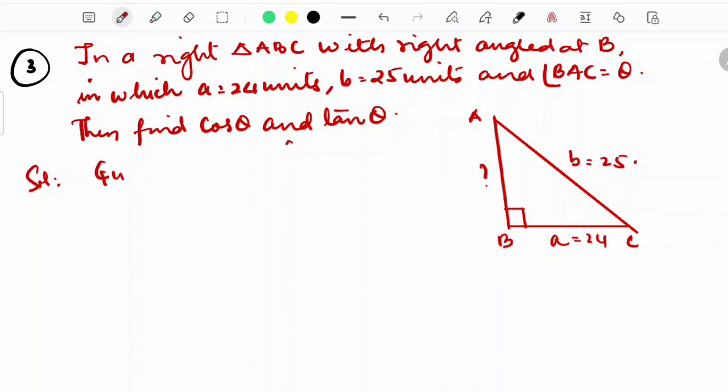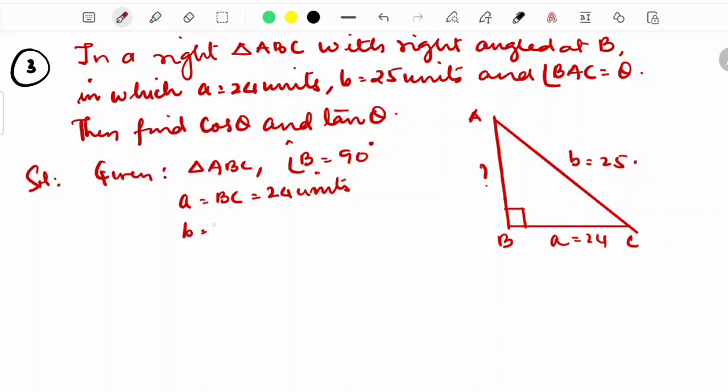First you write down here, given triangle ABC in which angle B is equal to 90 degrees, that is a, which is equal to side BC, that is equal to 24 units, and b, that is equal to side AC, that is equal to 25 units.